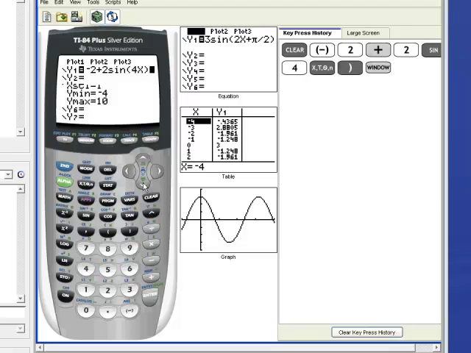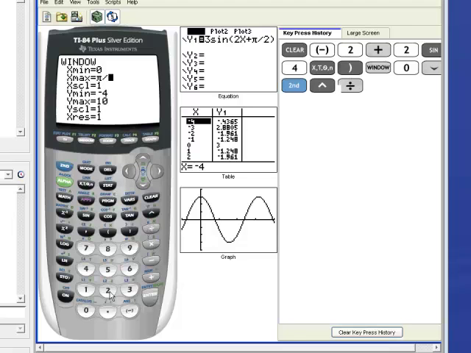I'm going to look at the window. It says 1 period, so I'm going to start from 0, and normally I would go to 2 pi, but that has been shortened to 2 pi over 4, which is pi over 2. So pi over 2. Scale of pi over 6.